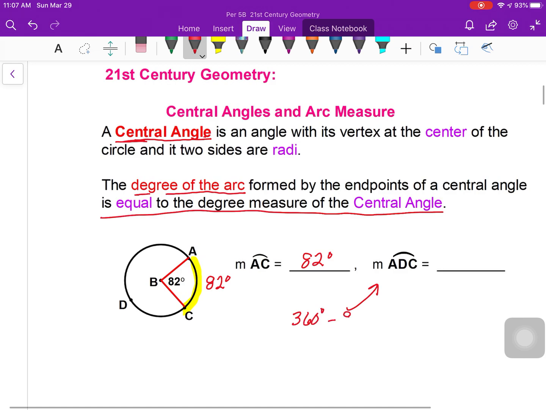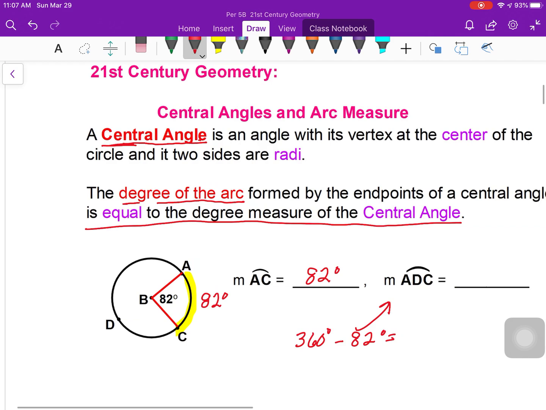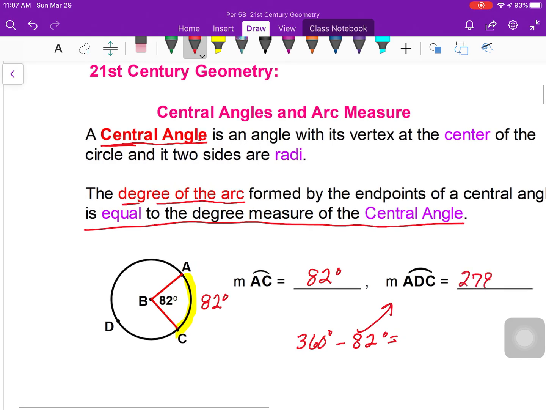And then since a full circle is 360 degrees, I can subtract 82 degrees from that, and I end up with 278 degrees.